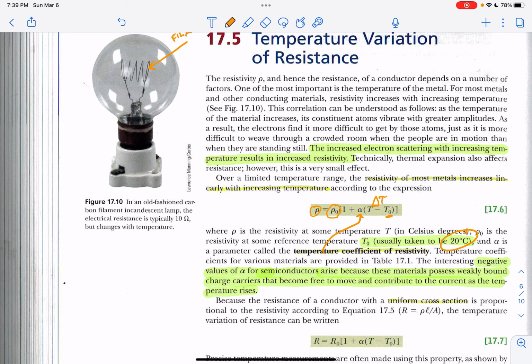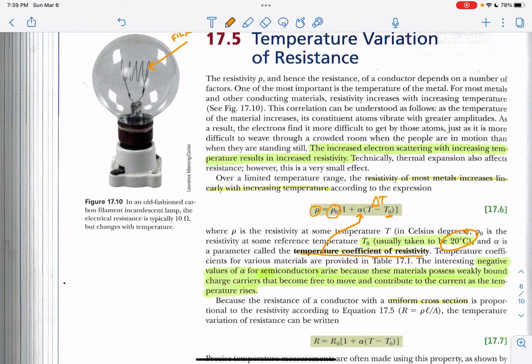And this alpha here is the temperature coefficient of resistivity. And again, you're going to be given that on a test, or maybe you're given enough information to solve for alpha, or you'll be given a chart where you can look it up.